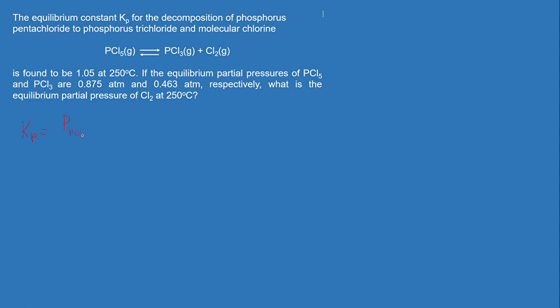Partial pressure of PCl3, times the partial pressure of Cl2. Wala tayong mga power dito kasi wala namang stoichiometric coefficient dyan. 1 lang yan. Okay, all over the partial pressure of PCl5.